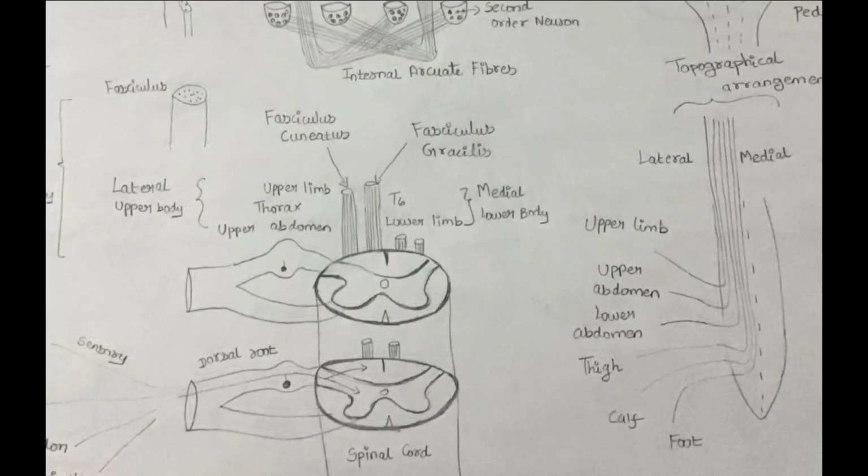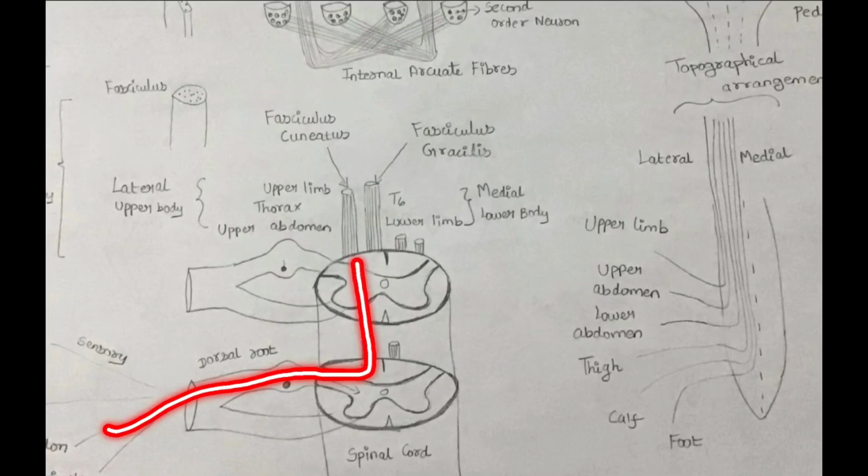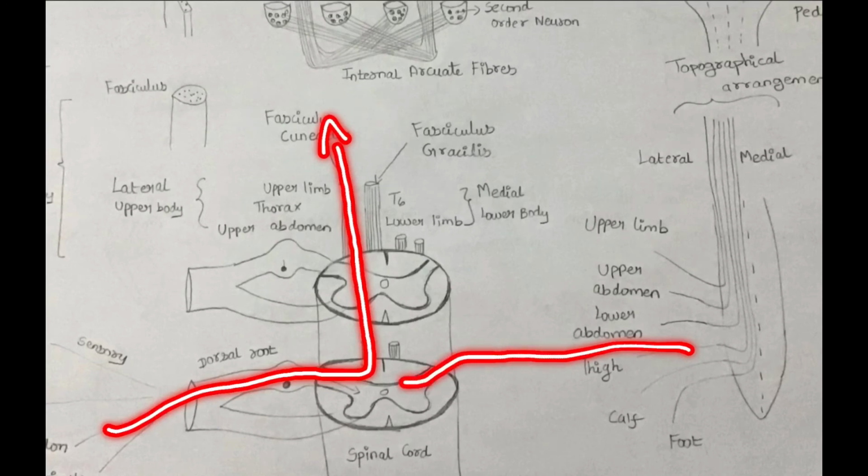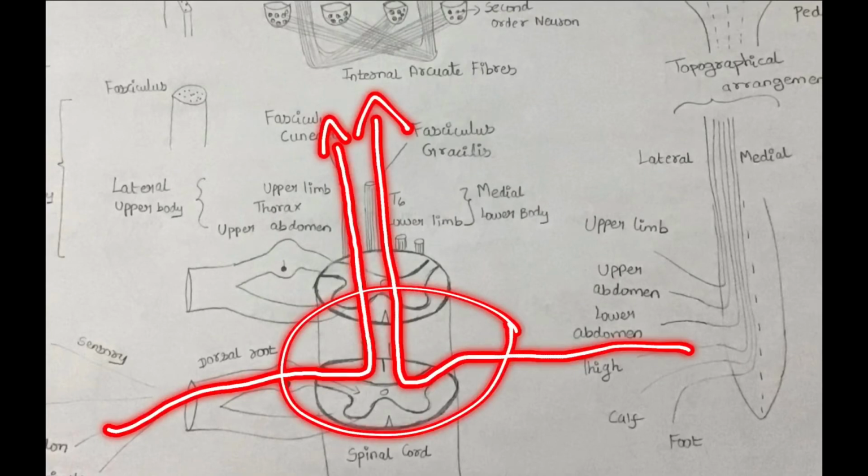The sensory nerve fibers from the right side, after entering the dorsal column, will go to the central nervous system on the right side, and the sensory nerve fibers from the left side will go to the central nervous system through the left side. So there is no crossing of the nerve fibers, and they go to the central nervous system ipsilaterally from the dorsal column.